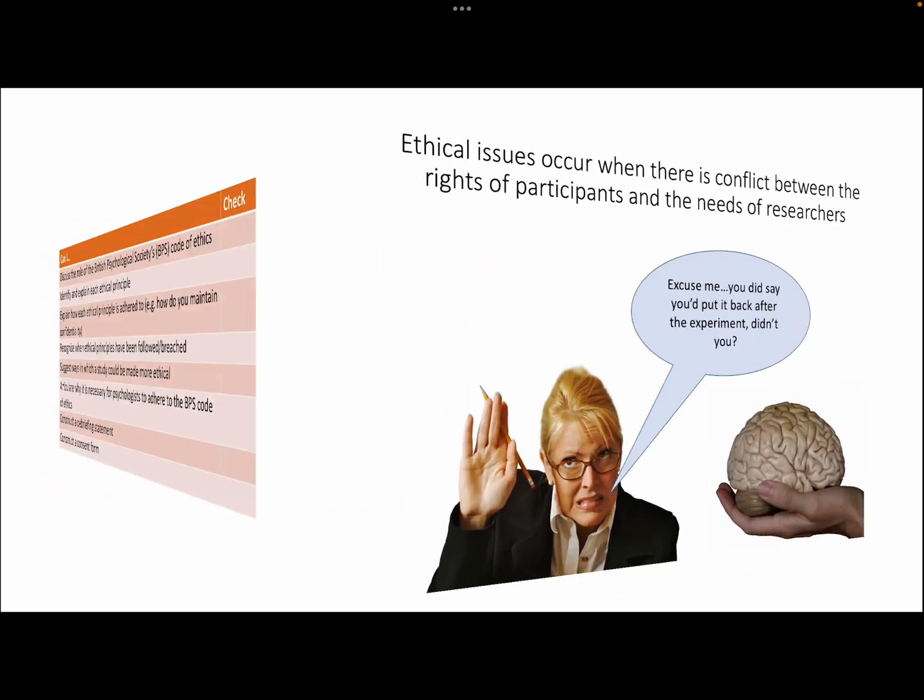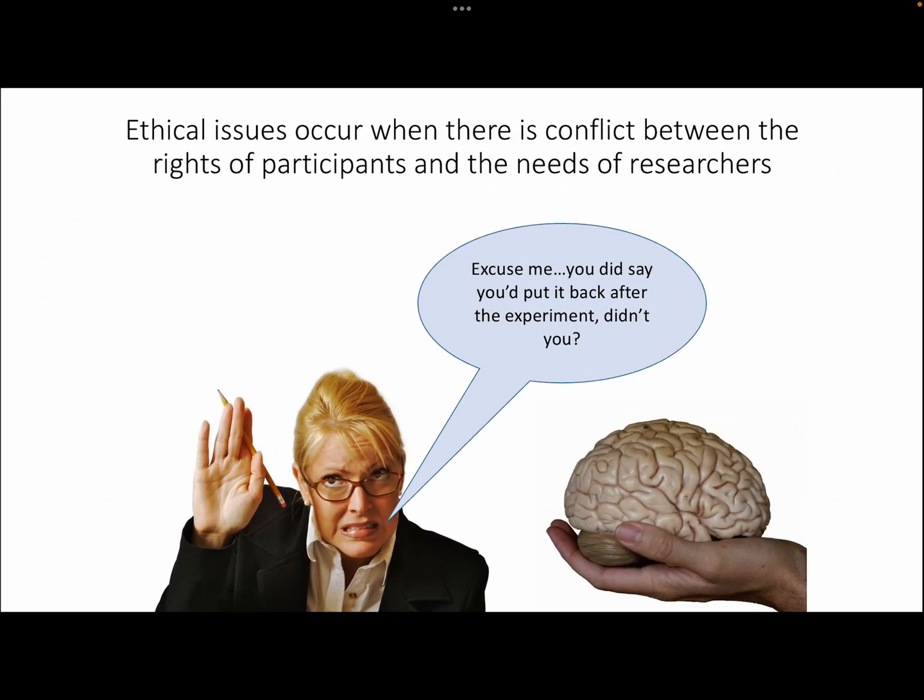Okay, so what we're talking about here are ethical issues, and this is one of the most important considerations that psychologists have to keep in mind when planning and conducting their research. On the one hand, researchers, psychologists have a need to plan and conduct really important research that's going to contribute to society, research that is worthwhile, research that is innovative, and so on.